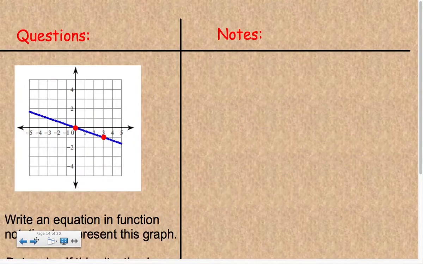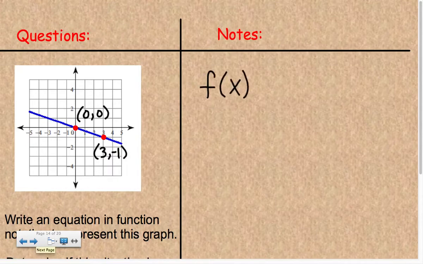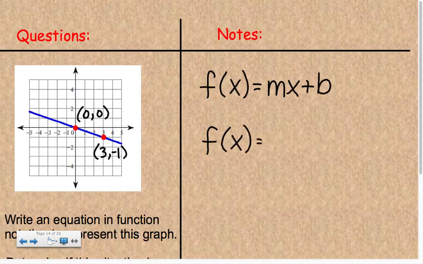The coordinate points for this graph are (0, 0) and (3, -1). f(x) = mx + b, where m is the slope, or the rise over run, and b is the y-intercept. So if I count my rise and run, I'm going to pick one point. I'll start right here. I'm going to go down 1, so -1, run 1, 2, 3. -1/3 is my slope.